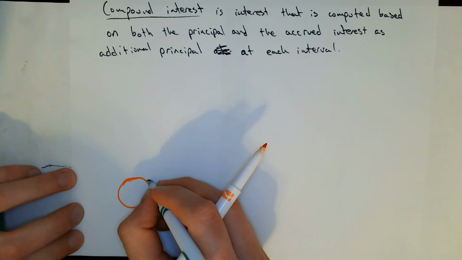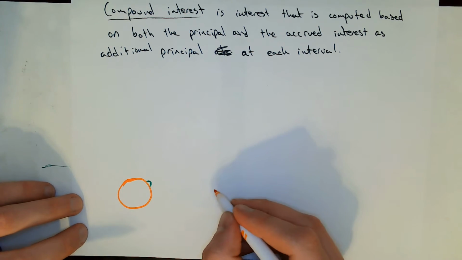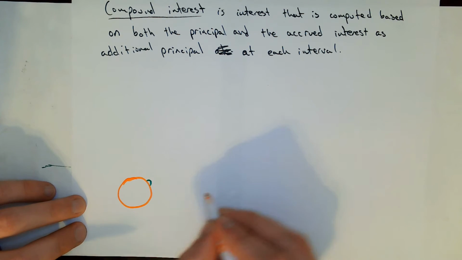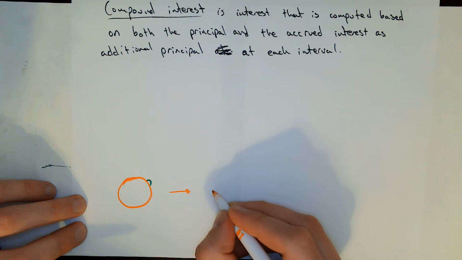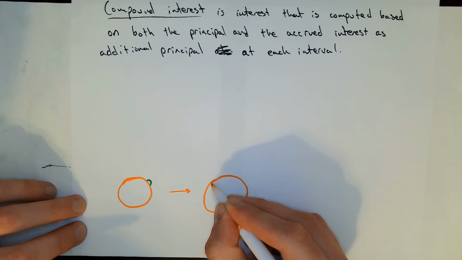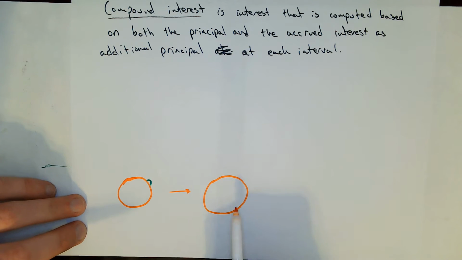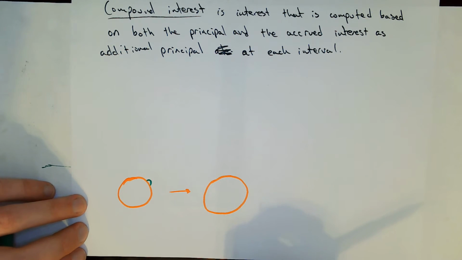You gain a little bump of interest. So now your money is a bit bigger, right? In the next stage here, your sum of money is a little bit bigger, because it's the original sum plus that little green interest bump, right?